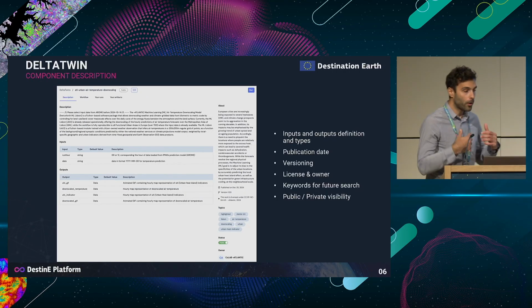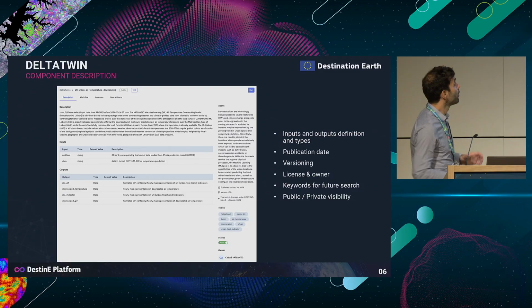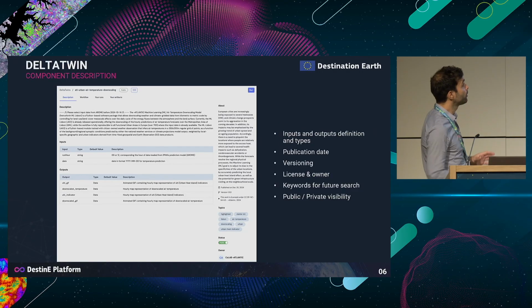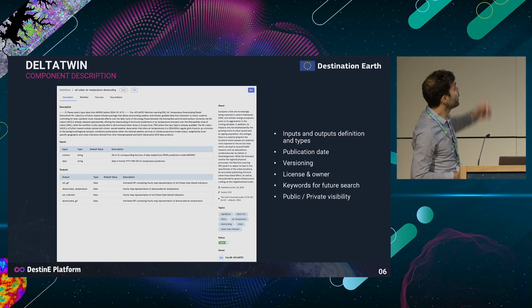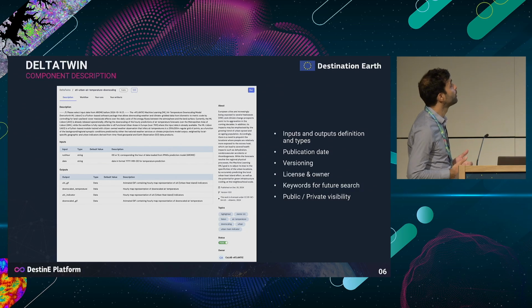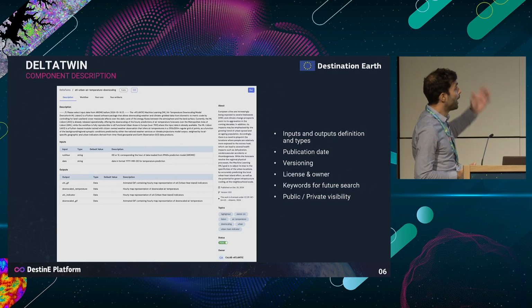So let's go deeper into what a Delta Twin component is. Each Delta Twin component has an identity panel with some information. You have the name, you have the visibility. The visibility can be public or private. You can manage different versions for your Delta Twin component. You can add a description.